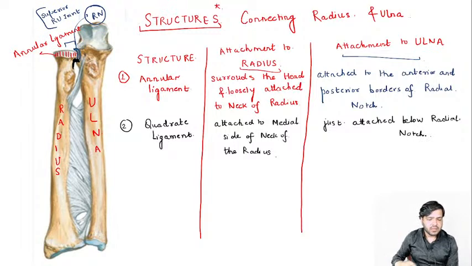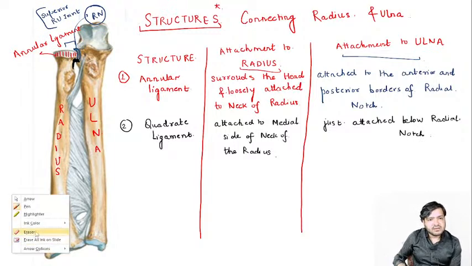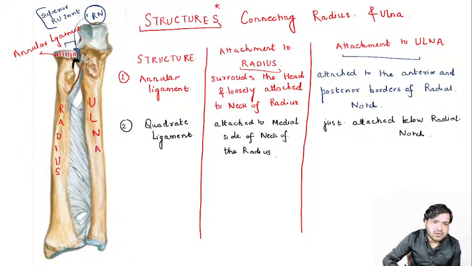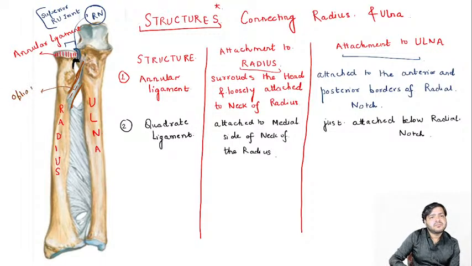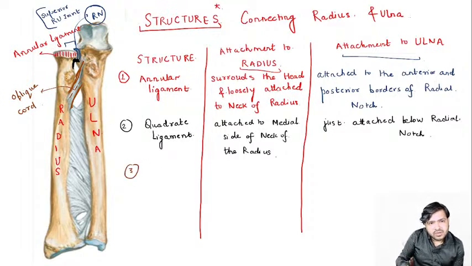Yes, perfect. Coming on to the third point, that is the oblique chord. Very important. ये वाला जो chord आपको देखने को मिल रहा है, this chord is called the oblique chord. देखो ये रेडियल ट्यूब्रोसिटी होती है, जब रेडियस बोन पढ़ाऊंगा तब मैं बताऊंगा. रेडियल ट्यूब्रोसिटी के जस्ट नीचे you will find the oblique chord.